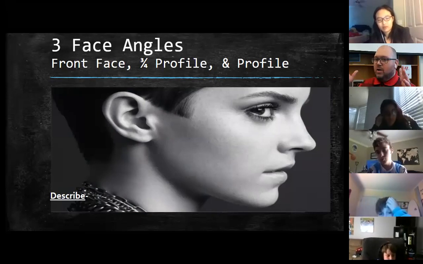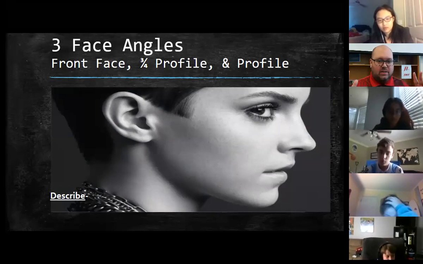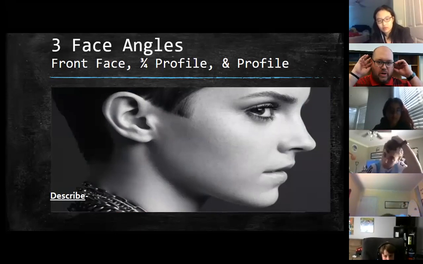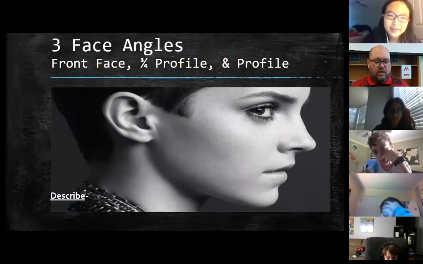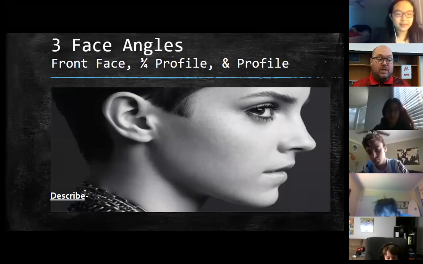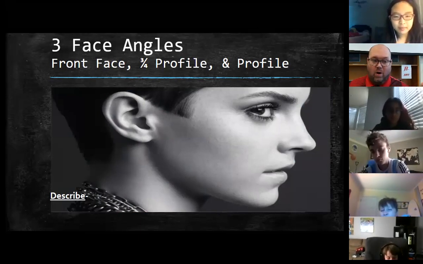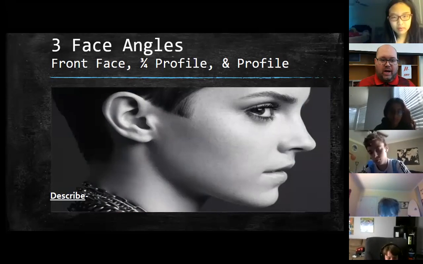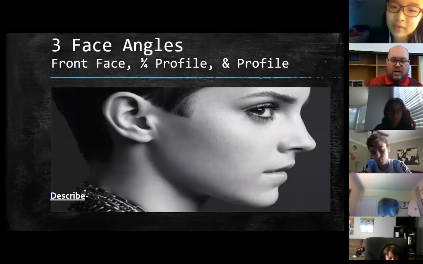Subject's head is turned completely to the side. Completely to the side. Next bullet, that means we can see one ear, one eye, one nostril, and half of the jawline.